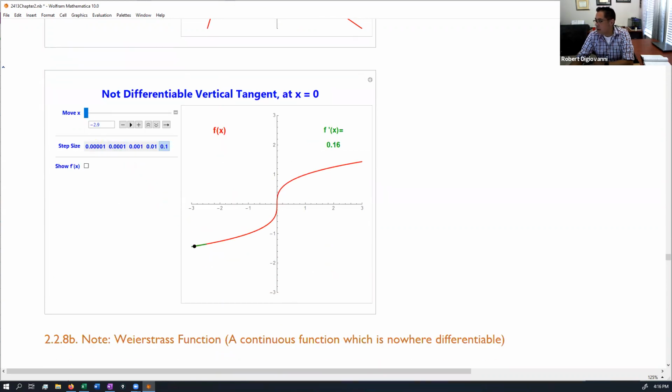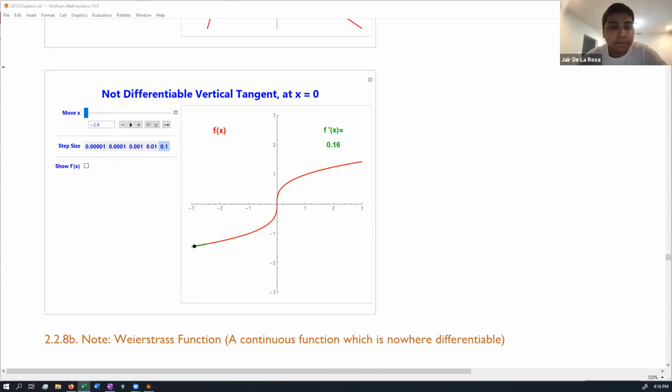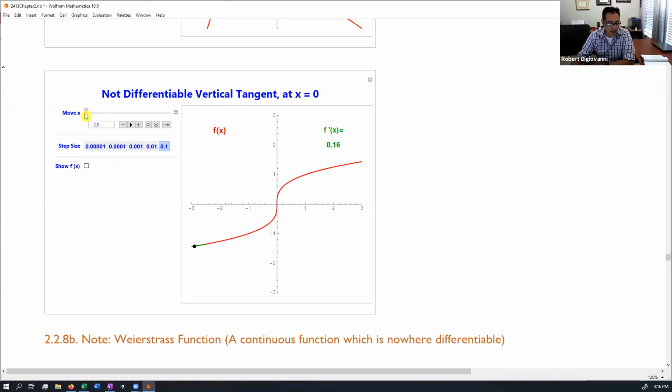So let's go with Jair. Is Jair there? Yeah, I'm here. Okay, Jair, I'm saying that right? Yes. Okay, so you tell me about the derivative here. It's positive, positive, getting bigger, right? Bigger, bigger, bigger, bigger. And then you see that it becomes infinite.